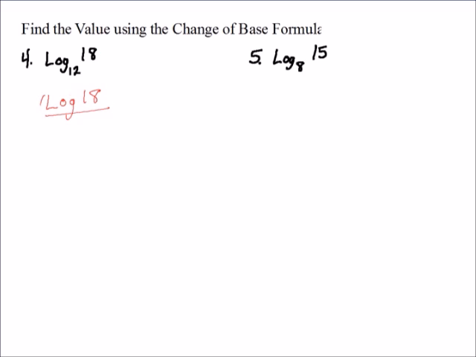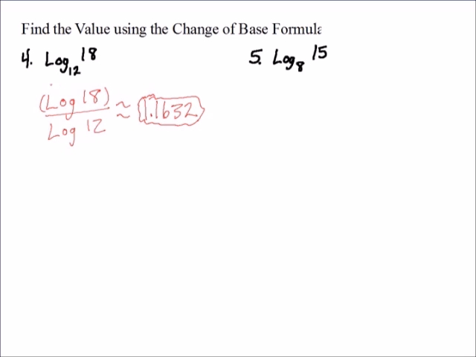Put this in parentheses when you do your calculator, divided by log of 12. Put that in the calculator. So you're going to say log 18 divided by log 12, and you're going to get approximately 1.1632.